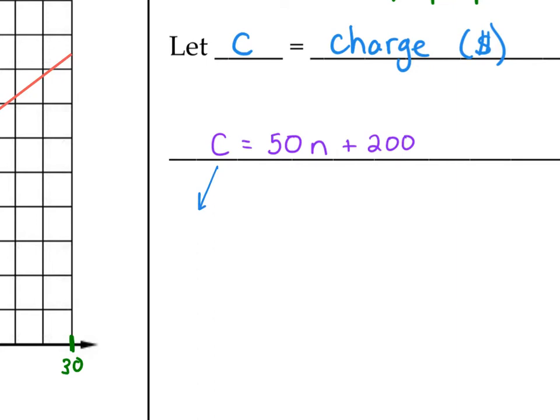So this here is the dependent variable. This here is the independent variable. This 50 is the rate of change.